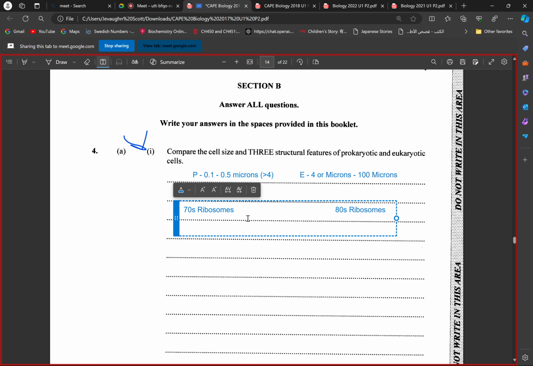The prokaryotes would generally lack large, complex, well, relatively large and complex organelles, right? Non-membrane, and they would have non-membrane bound organelles as well. The eukaryotes will have membrane bound organelles.